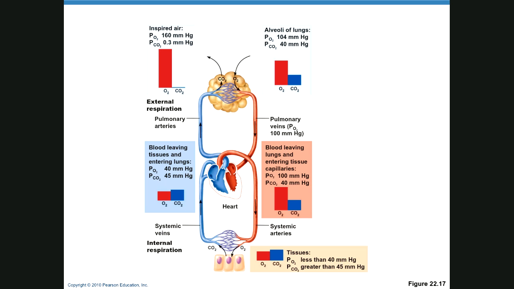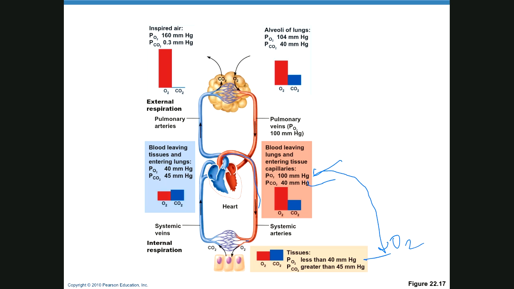oxygenated blood going out of the aorta, and it's going to go to the tissues. And at the tissue level, the blood that arrives at the tissue has 100 millimeters of mercury of oxygen, 40 millimeters of mercury of CO2. At the tissue level, the tissue has 40 or less millimeters of mercury of oxygen, so 100 to 40, oxygen is going to leave the blood and go into the tissue.